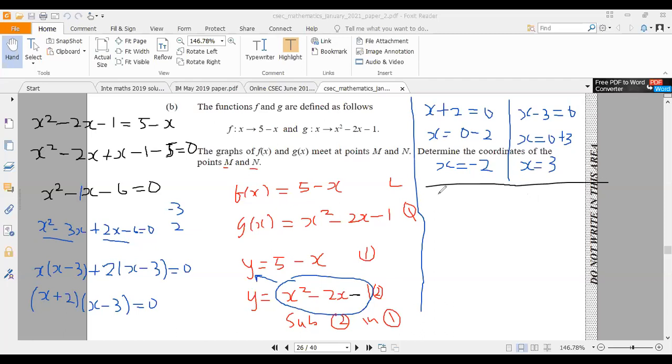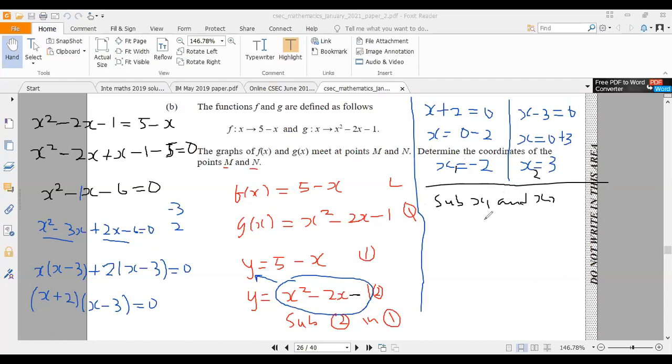So we are going to substitute x1 and x2, and y1 and y2. Right. We call this one x1. I call this one x2. All right.